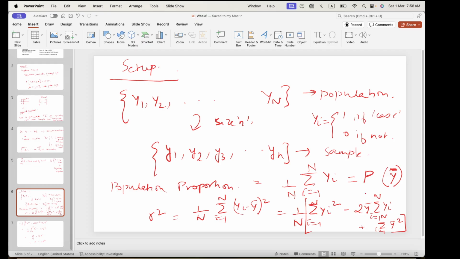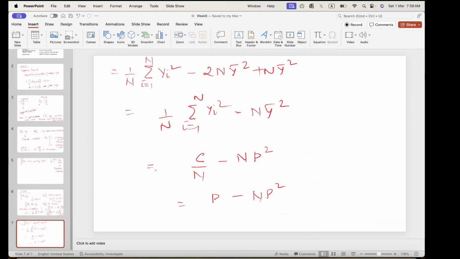So summation Yi is again N Y bar, and this is Y bar square summed up N times. So minus 2 N Y bar square plus N Y bar square would give me this.